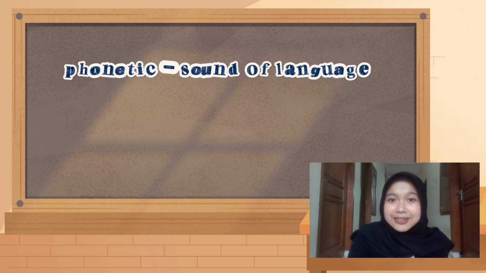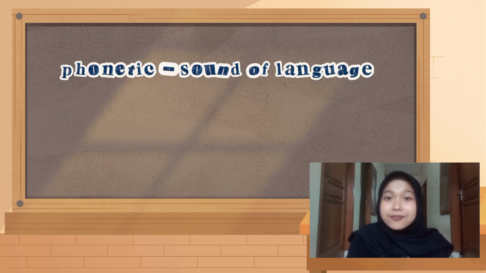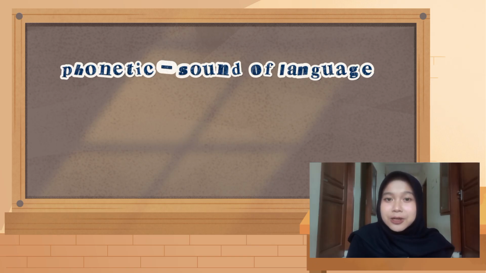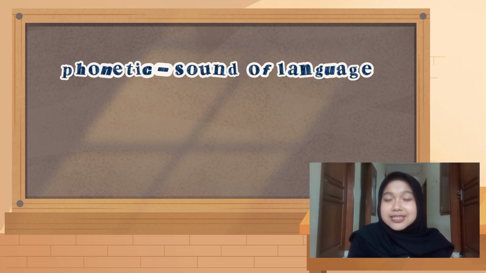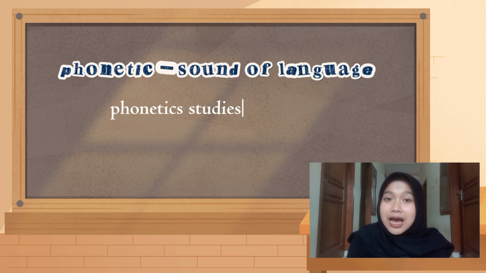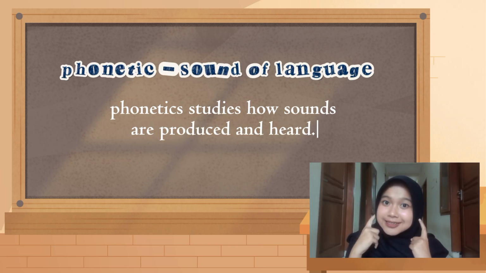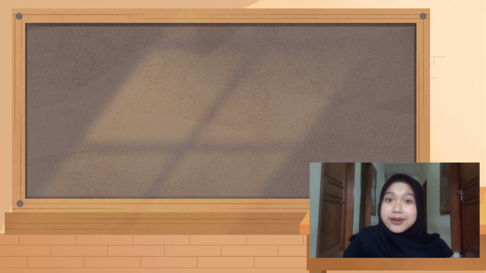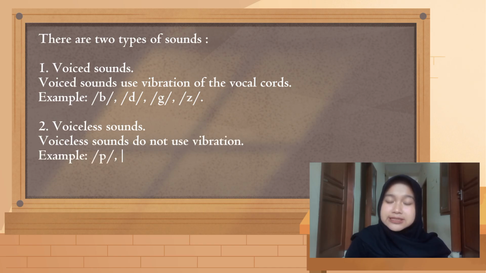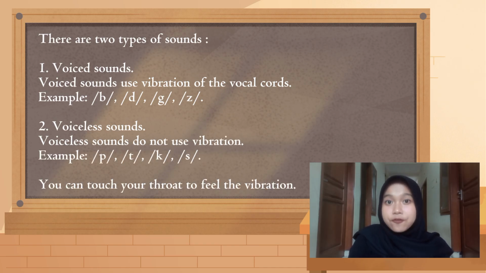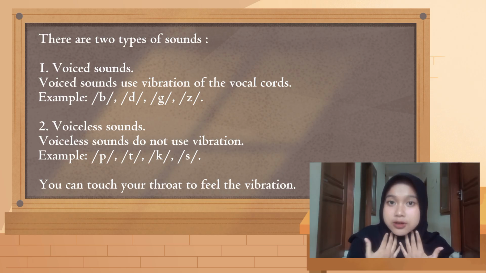Now, let's talk about the sounds of language. This part is called phonetics. Phonetics studies how sounds are produced and heard. There are two types of sounds. The first is voiced sounds. It uses vibration of the vocal cords.